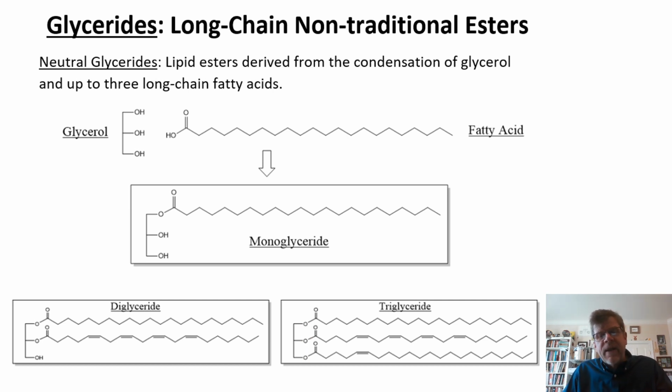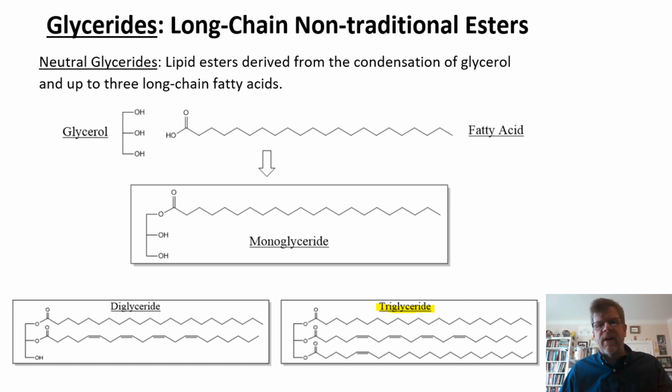We're going to find that triglycerides have a heightened degree of importance in energy storage. When we think of fats as an energy storage system, indeed, fat tissue is basically storage of triglycerides.